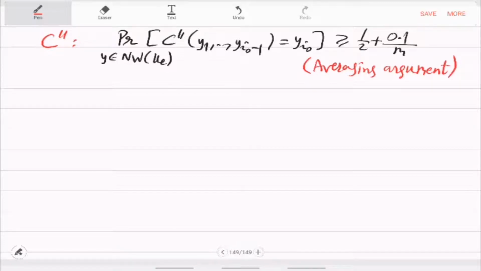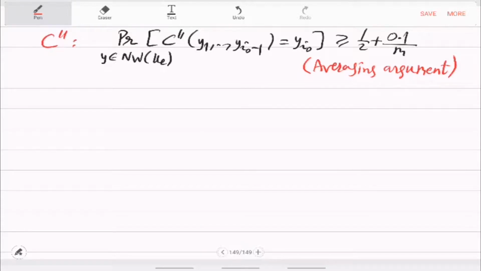So based on the averaging argument, we have fixed z suitably. So now they are gone, and we have that C prime prime just takes I0 minus 1 prefix of NW image bit with a good advantage. The advantage is 0.1 by m.